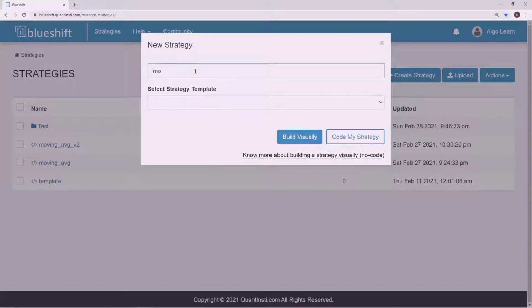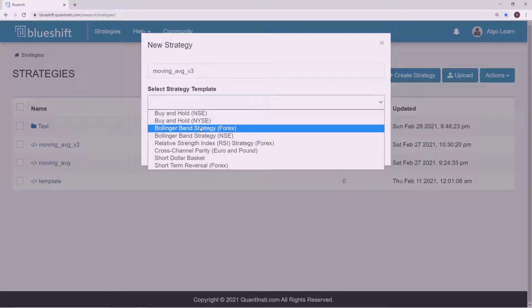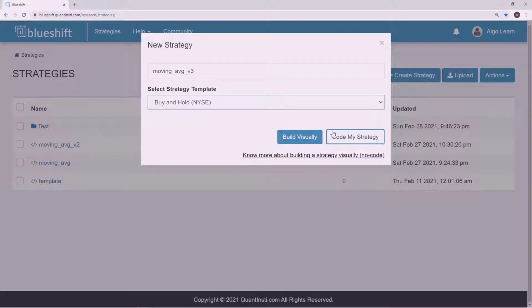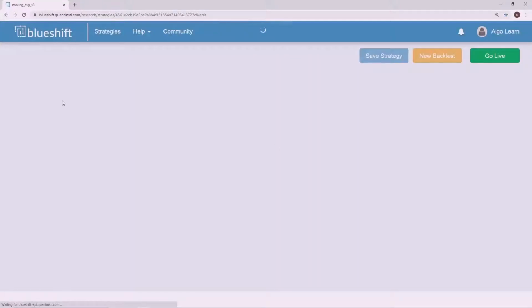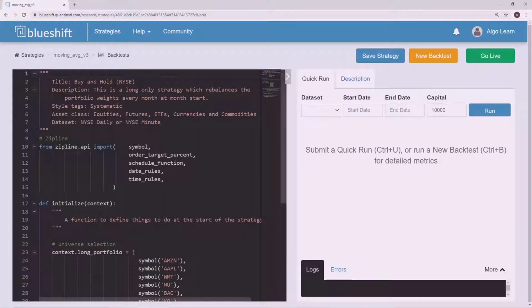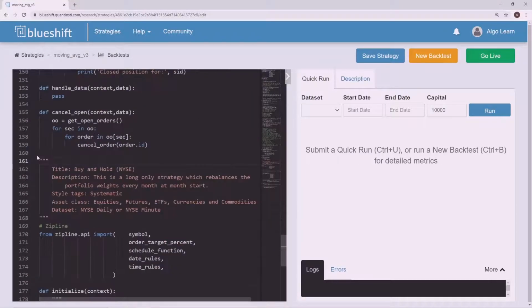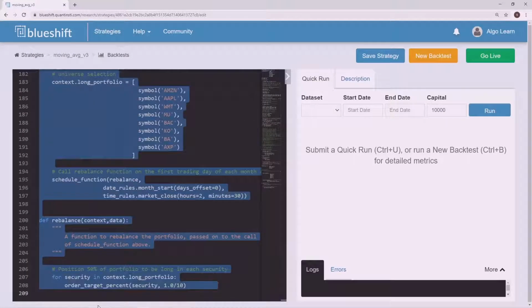Let's just call this moving_AVG_V3. Hold. Code my strategy. All right, I'm going to paste at the very top. Control V. And we're going to delete everything. And we'll delete the rest. Okay.